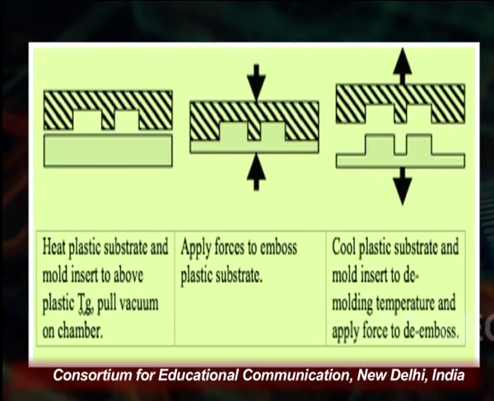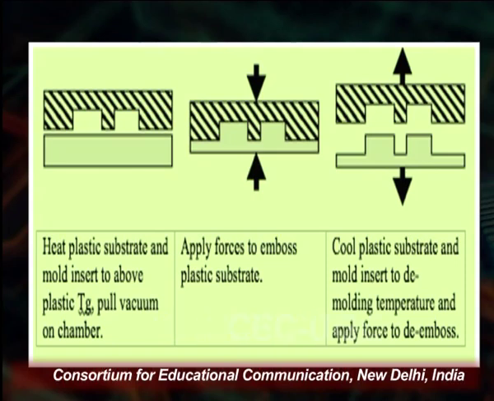Now you see, as embossing has taken place, the mold will be removed from this plastic substrate. The plastic substrate is cooled down and pressure is maintained so that it cannot be deformed. Cool the plastic substrate and the mold insert to the demolding temperature and apply force to de-emboss. So a particular structure we can get as per requirement.